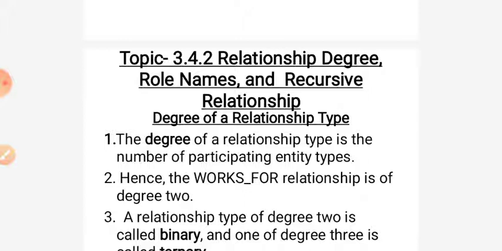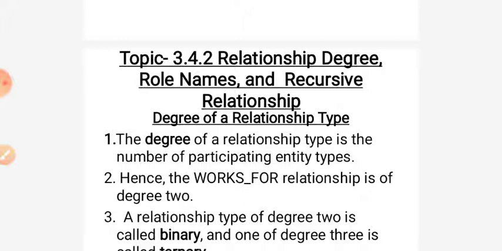The degree of relationship type is the number of participating entity types. That is, how many entities are participating in a relationship. Point number two. Hence, works for relationship is of degree 2 because two entities are participating.